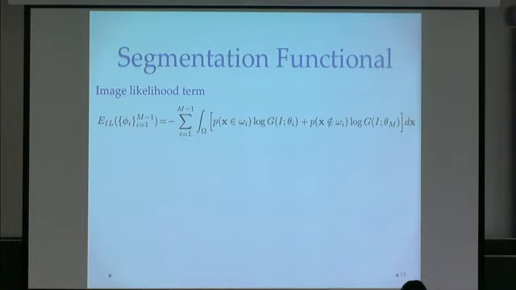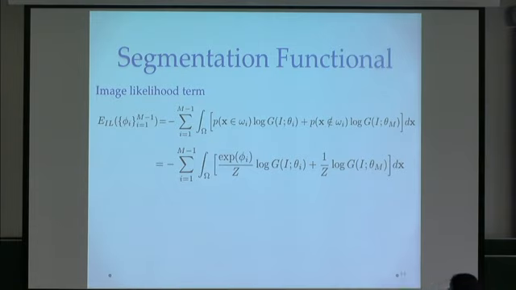Gaussian. So if we do that, we can substitute the probability of being in the region of interest or not in the region of interest as follows. And this is actually the softmax Heaviside of phi i, and the softmax Heaviside of phi m, which define the background.